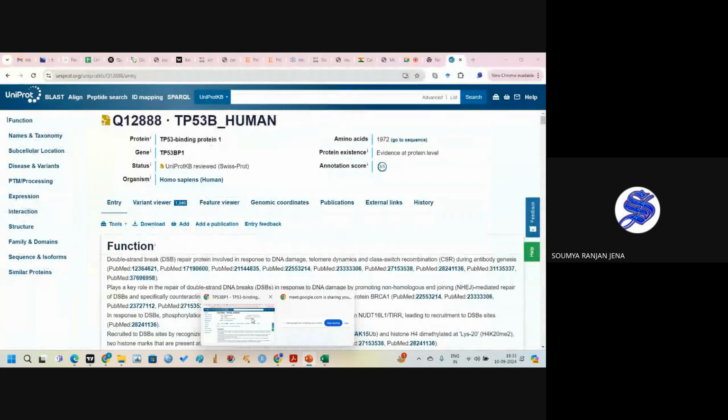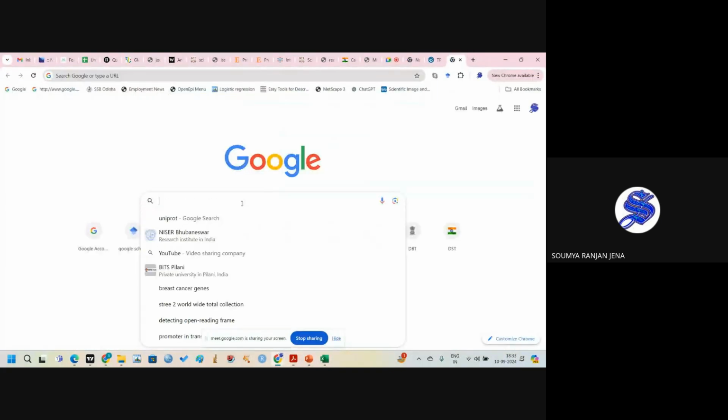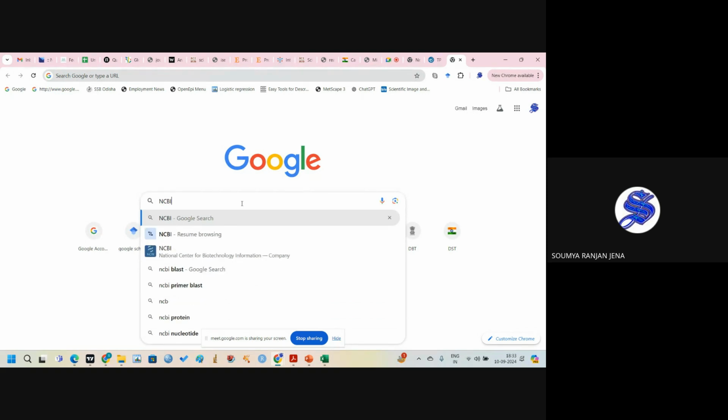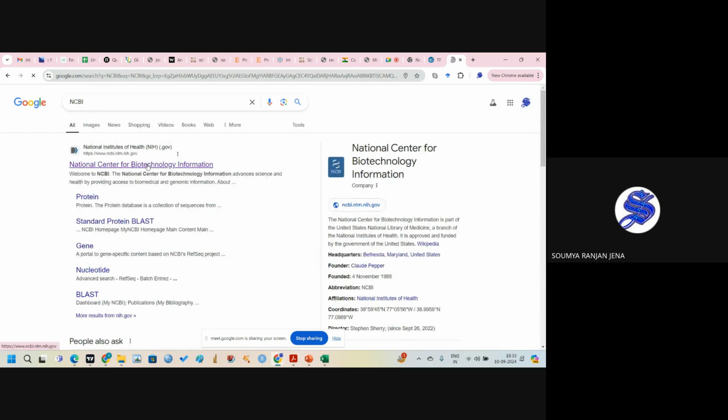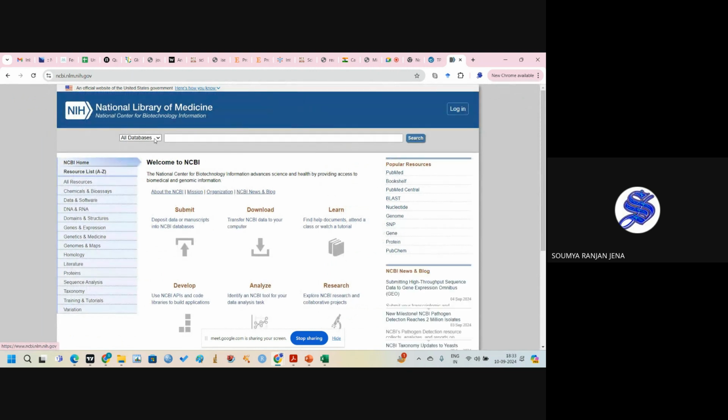If we go to NCBI, this is the National Center for Biotechnology Information, the leading NIH database. It is developed and utilized by the United States National Library of Medicine. Researchers worldwide use this NCBI database for all gene and protein data analysis.